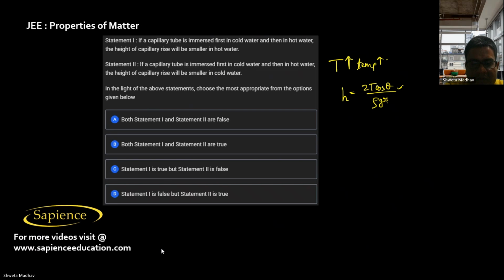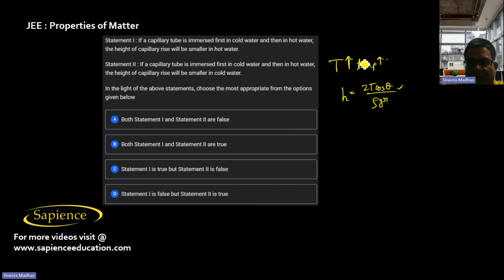Now, the thing is, here surface tension will decrease with temperature.